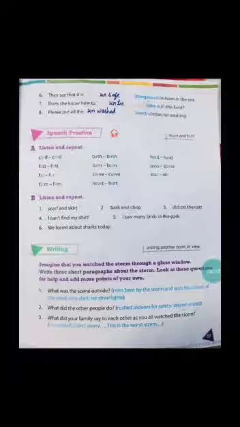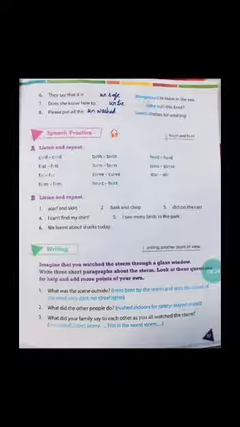Far, fur. Carve, curve. Star, stir. Farm, firm. Heart, hurt.